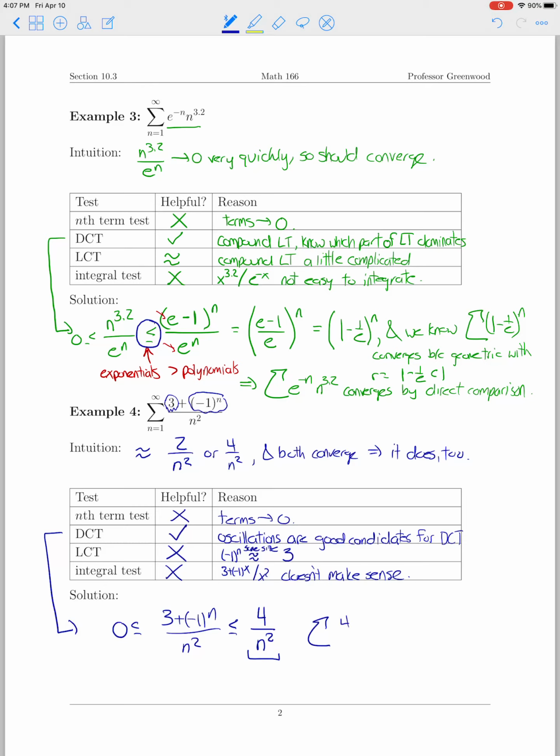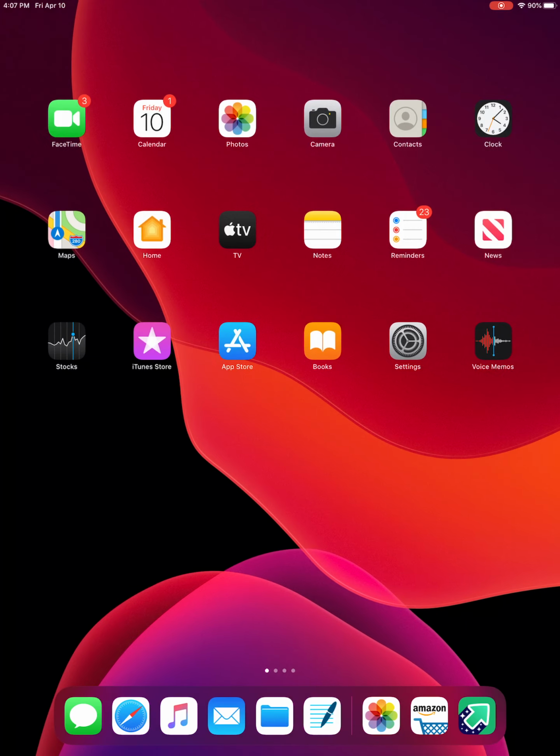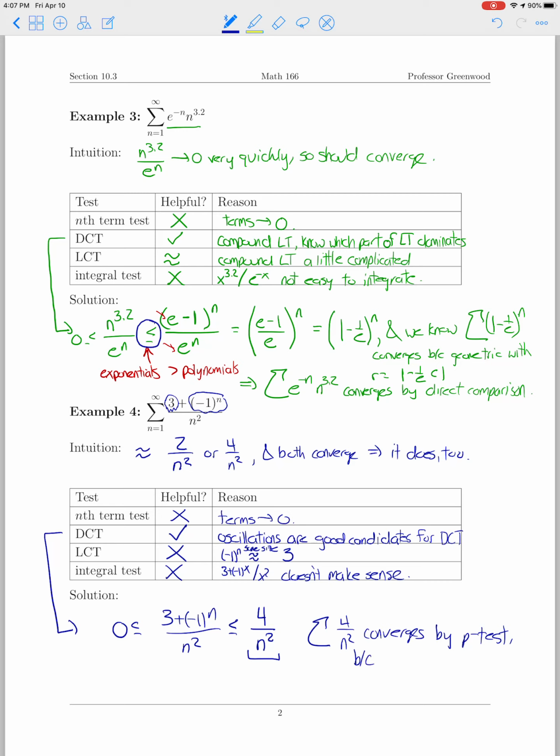So the sum of 4 over n squared converges by the p-test. And that's because p is equal to 2 here, which is greater than 1. And so that'll mean that it does converge. And so then by the direct comparison, this original sum converges as well.